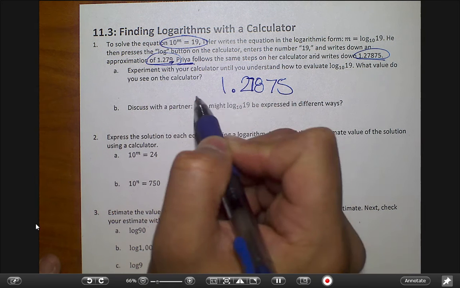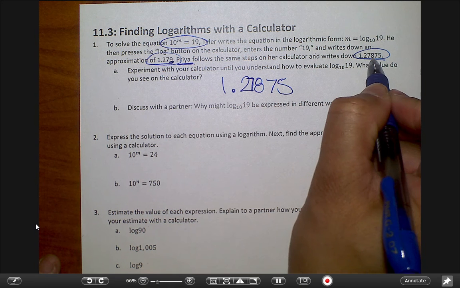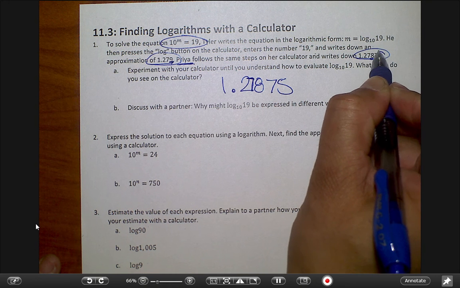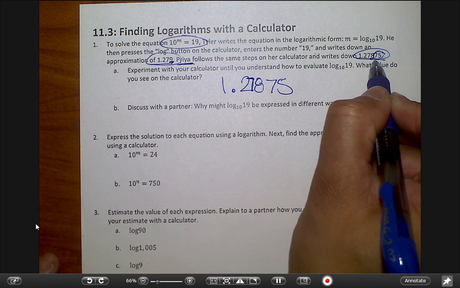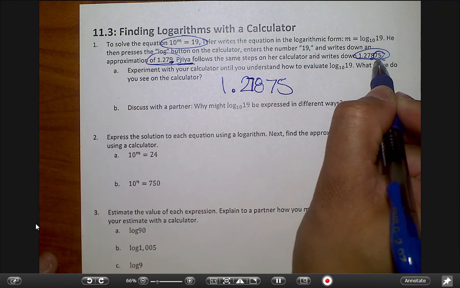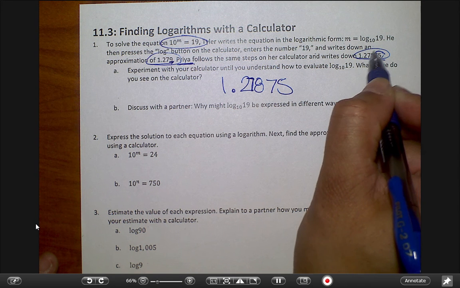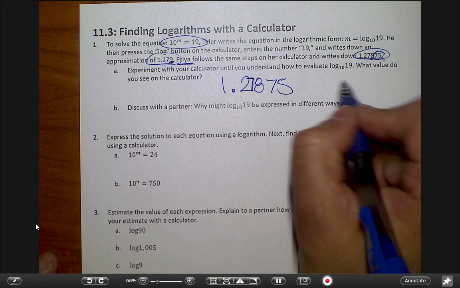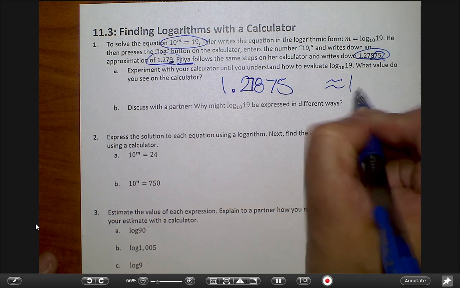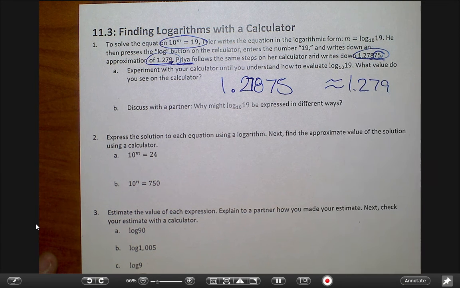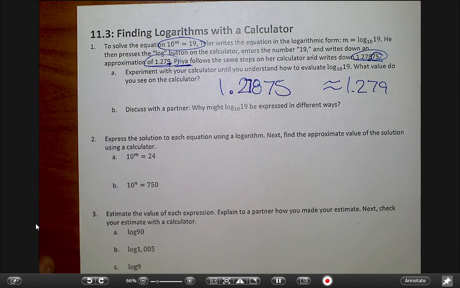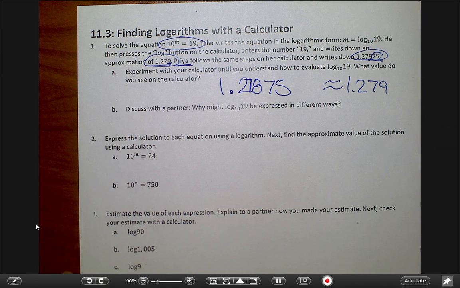In this case, it's a 9. But over here, third digit, it's an 8. So I have to look at the next one. So 5 and above rounds this to a 9. And we have a 7 right here. So that's going to make this one a 9. So because I rounded, it's about 1.279. So they're both correct. Just depends on where we're rounding to.